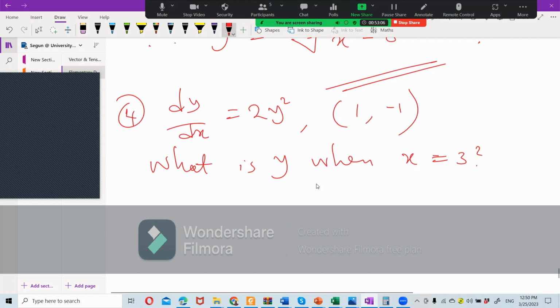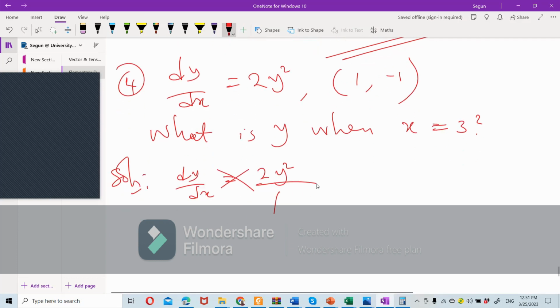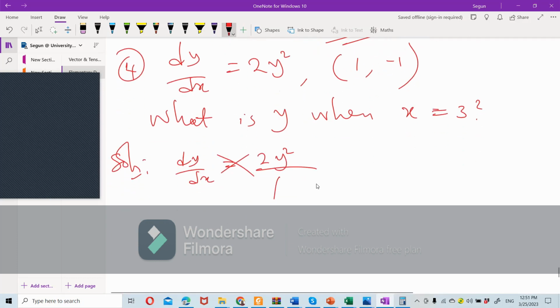I hope I'm clear. So the solution for this type: dy/dx equals 2y squared. It's going to be a separable variable, the way we did the other time. If you cross multiply, we have dy equals 2y squared dx.